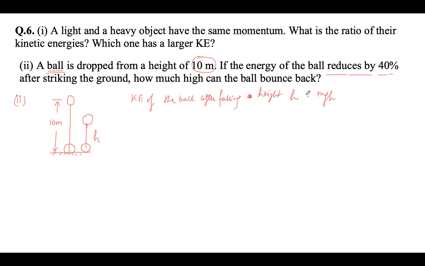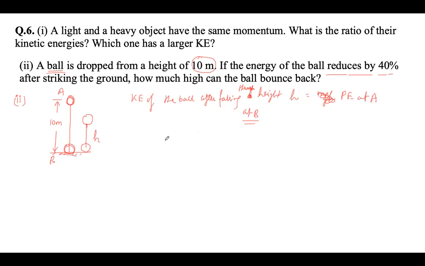Let's say this is point A, this is point B. So kinetic energy of the ball after falling through height h, at B, is equal to potential energy at A. All the potential energy at A has been converted into kinetic energy when it is just about to hit the ground.